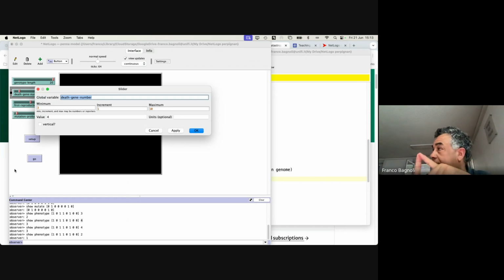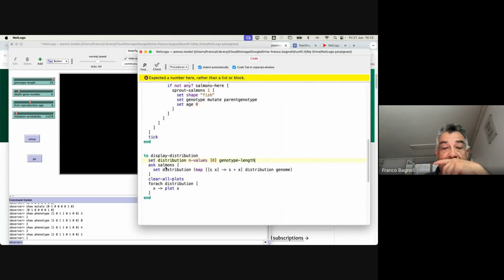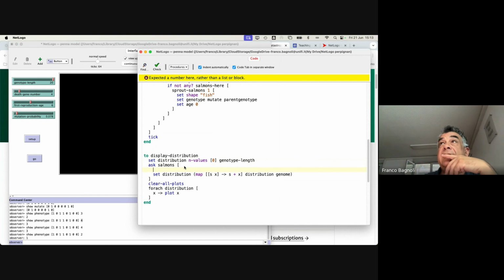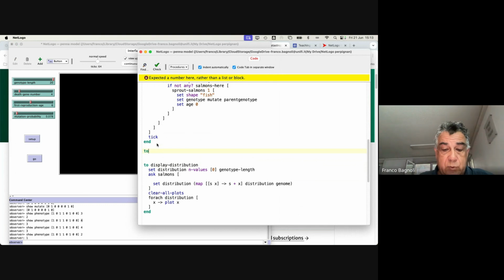So the distribution of death times. I think this is better, since this is independent of age and so on. So the idea is that we ask all salmons to find the death age distribution, which maybe we can write down as report death age.